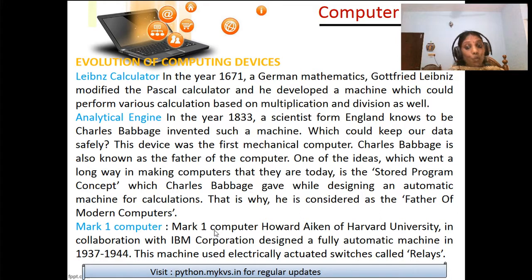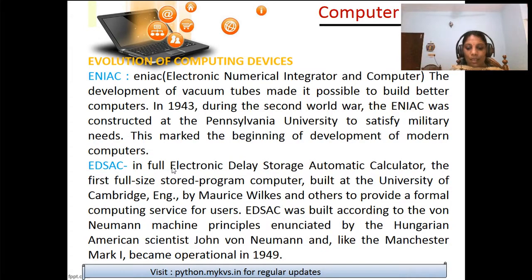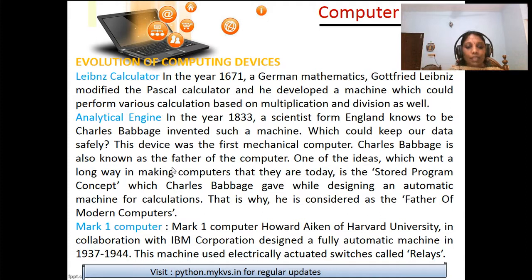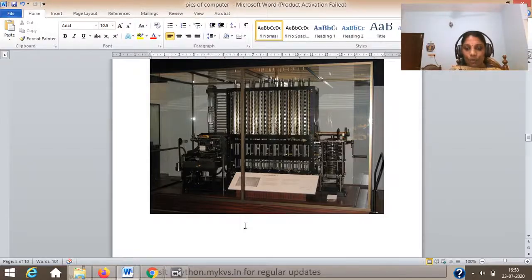Now you have the Mark I computer, the next version. It was, of course, by IBM, International Business Machines Corporation. They elaborated this, and it was a fully automatic machine which uses electrically actuated switches called relays, and this is how it looks.